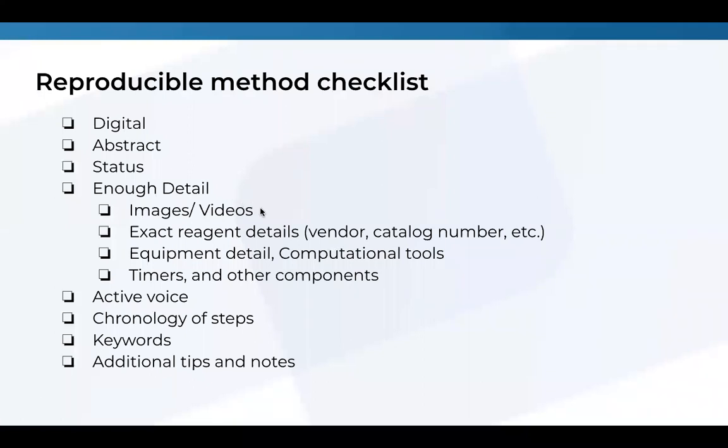I think the images and videos are really the most powerful thing you can add to a method because it just makes such a big difference. And also add all the exact reagent details, equipment details, computational tools that you used, timers and other components, use active voice, keep the steps in chronological order, the keywords, and really add any tips and notes that are helpful for that method.